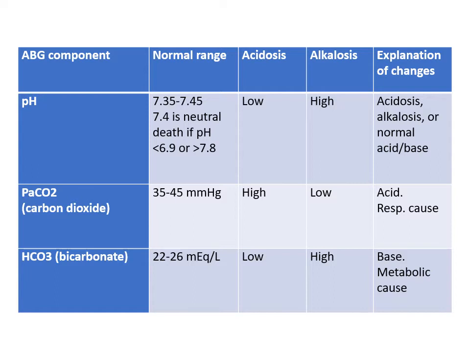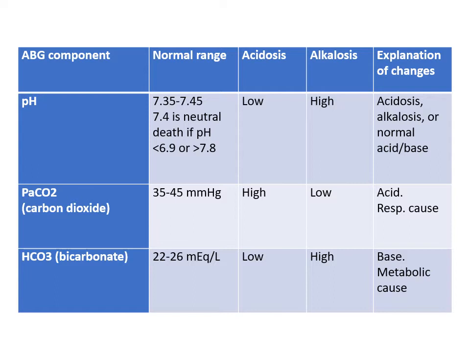Okay. Normal range of PaCO2, your carbon dioxide that's dissolved in your bloodstream, 35 to 45 millimeters of mercury. If it's beyond 45, it's high. Okay, we'll just say high for a PaCO2. And if you have a high PaCO2, it's usually from a respiratory condition. Alkalosis, a low PaCO2, lower than 35, so it's being blown off too much.